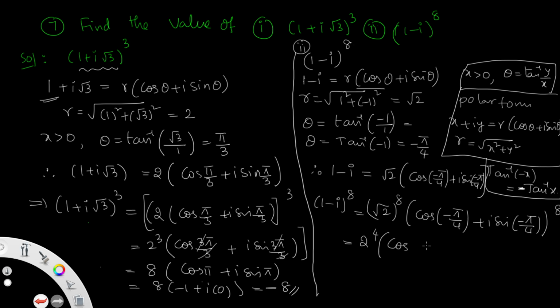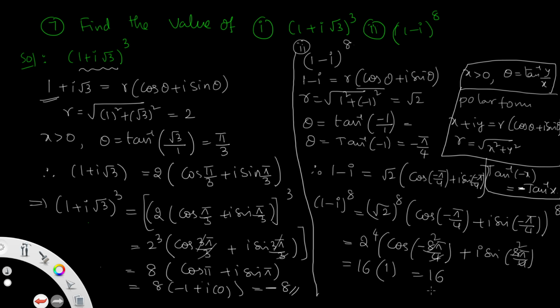Then you get cos of minus 8 pi by 4 plus i sin of minus 8 pi by 4, that is 2 pi. 2 power 4 is 16. Cos 2 pi is 1, sin 2 pi is 0, so it goes to 16.